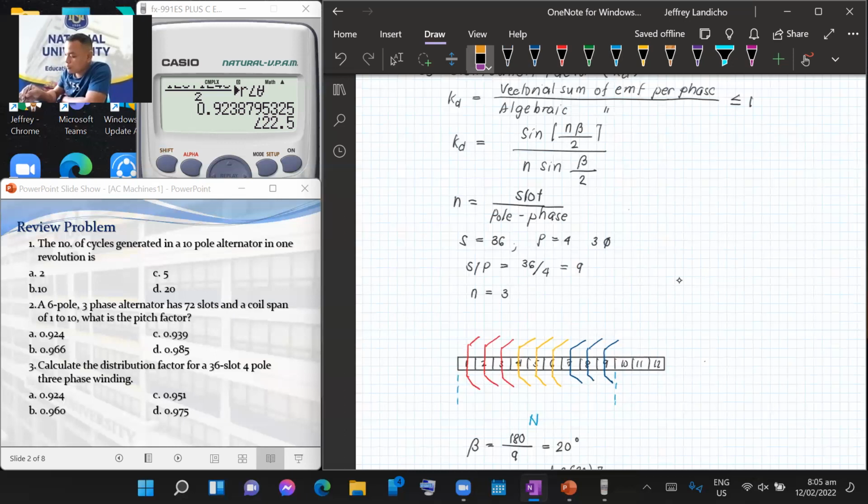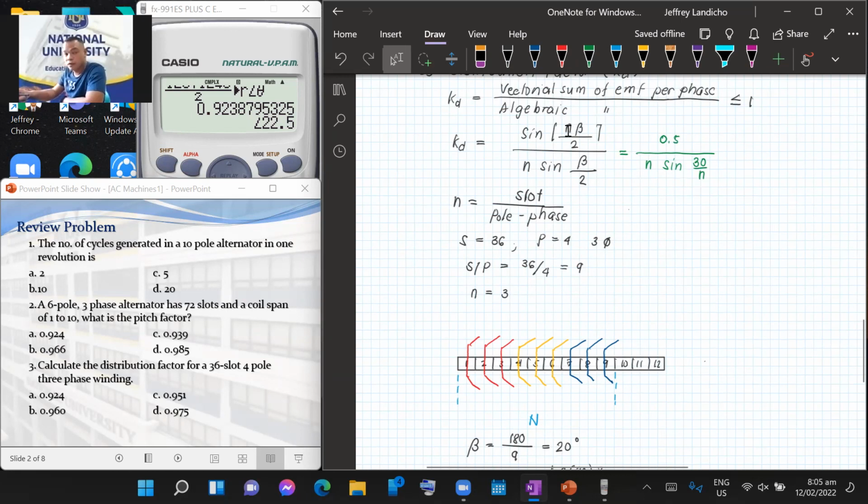Kaya itong equation na to for 3 phase can be simplified as 0.5. I-divide mo na lang, you have your n, then sine 30 over n. Okay? So pwede mo siyang i-simplify as 0.5 all over n sine 30 over n.